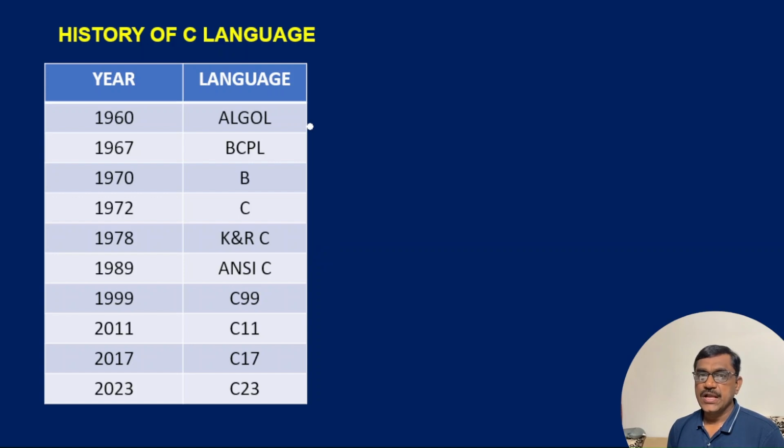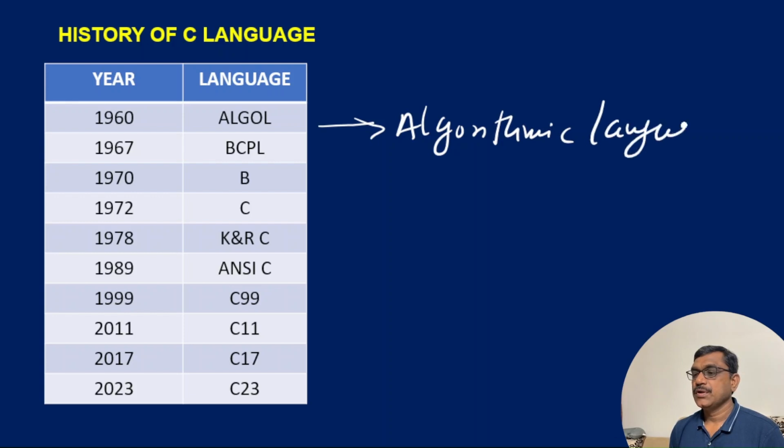The first language in the world, developed in 1960, is ALGOL. ALGOL stands for algorithmic language. This is the first language.